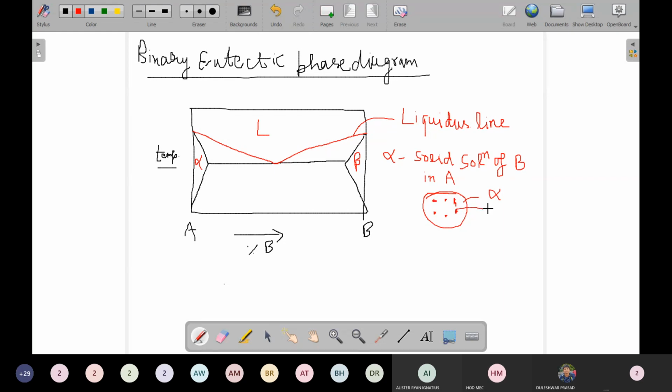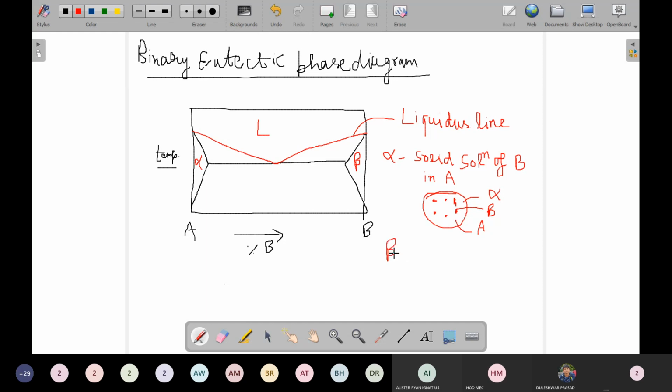Okay, this is B, and the rest of the thing is A. That blank is A. So here this is A and this is B. So everything other than all this dark spot is A. So alpha is nothing but the solid solution of B in A, meaning B is present in a small amount in A.